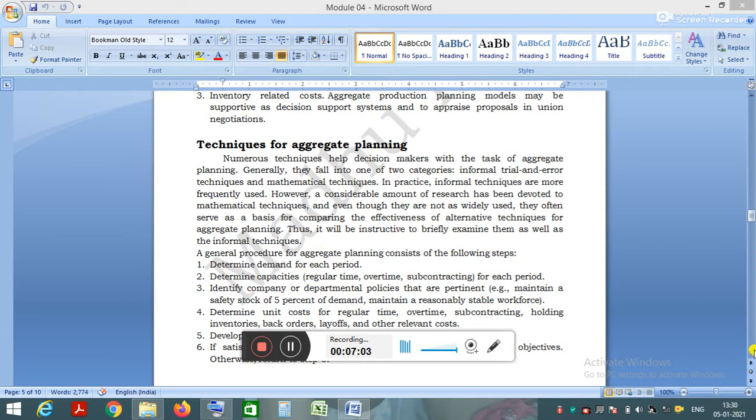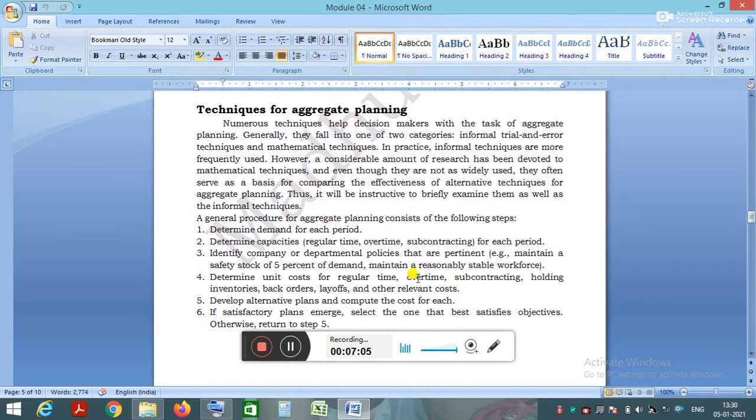Next, once he came to know the policies, he must determine the costs that were involved in the production of the product. It may be in regular time, in overtime, in subcontracting, or in holding the inventories.